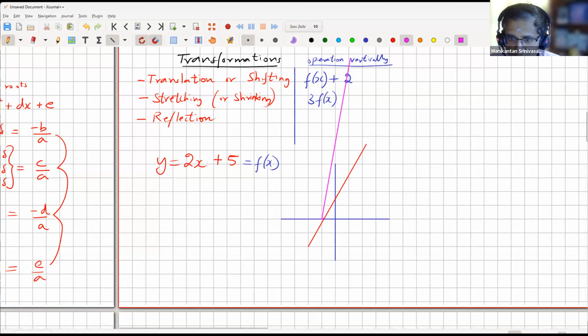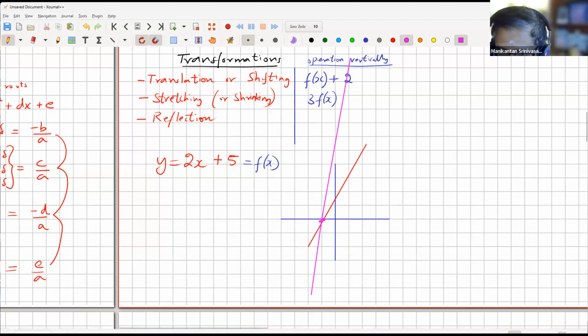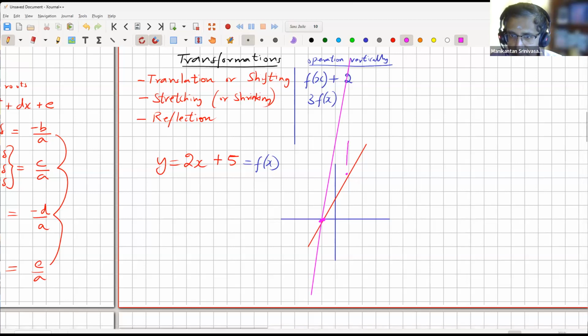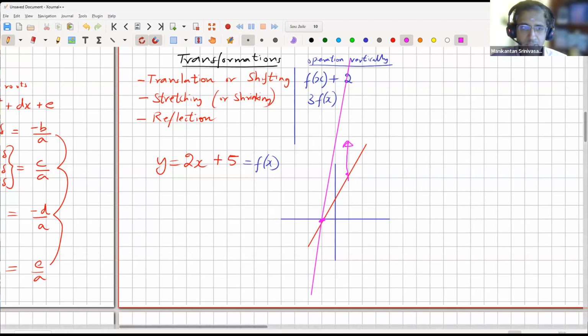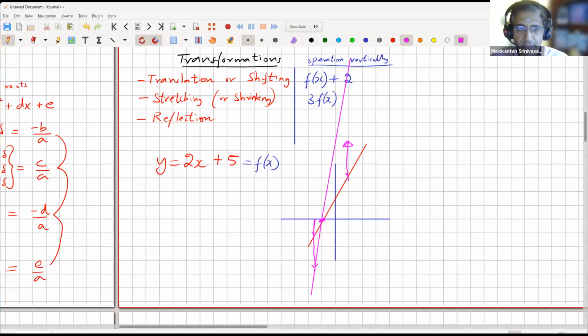Every point is getting pulled up. That's what 3 times f of x does. And this point is also getting pulled up by 3, but because it's negative, it's becoming more negative. But the main thing to notice, it's vertically getting stretched.